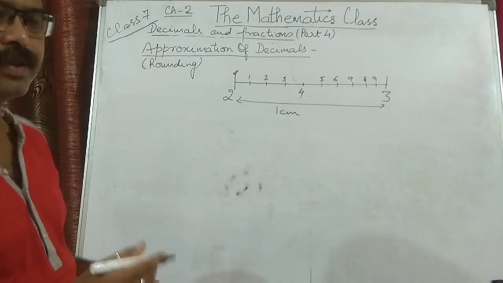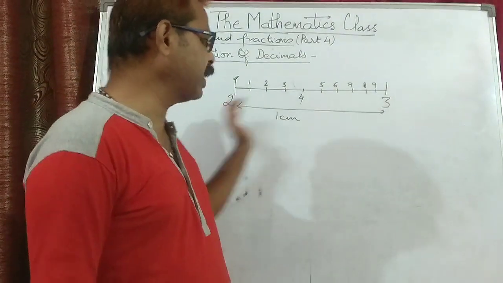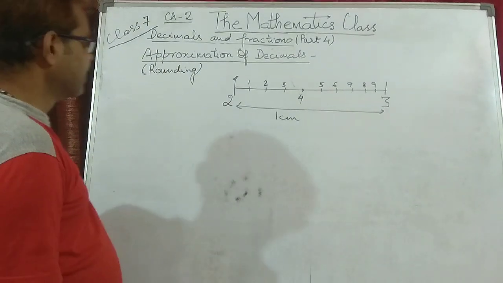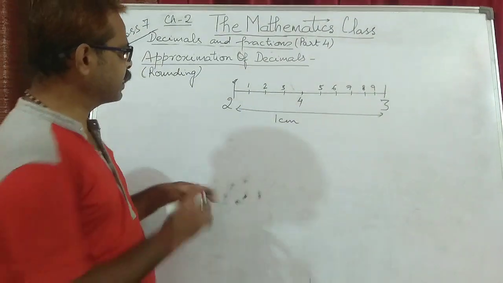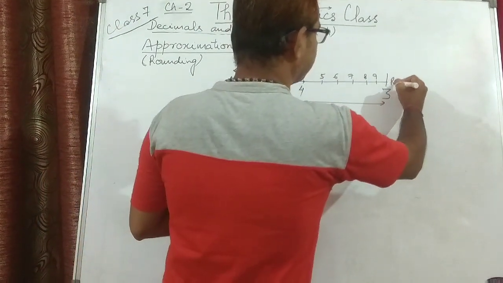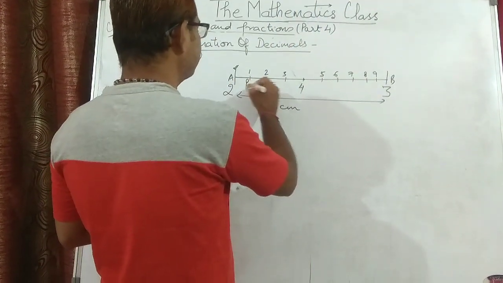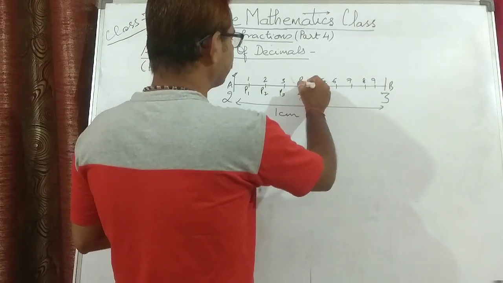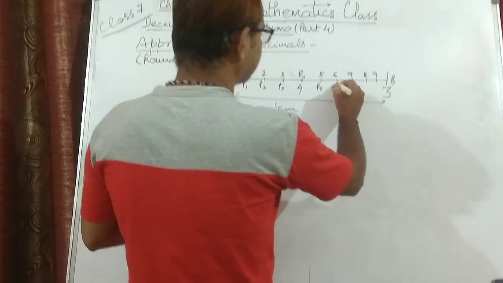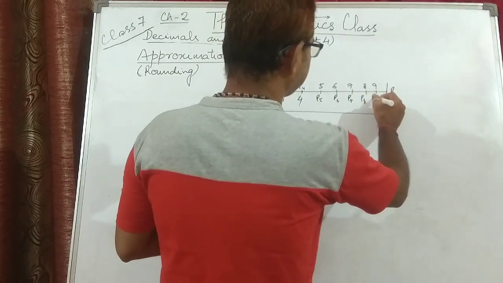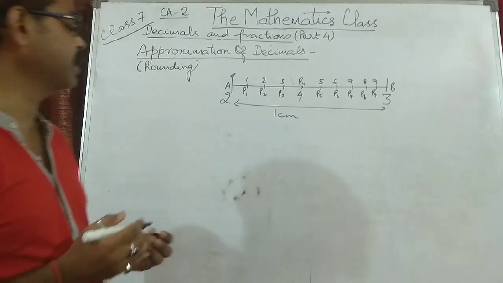What I have done is divided 2 and 3 into 10 equal parts. Let's name this point A, and this point B. This is P1, P2, P3, P4, P5, P6, P7, P8 and P9. P10 will be your B.